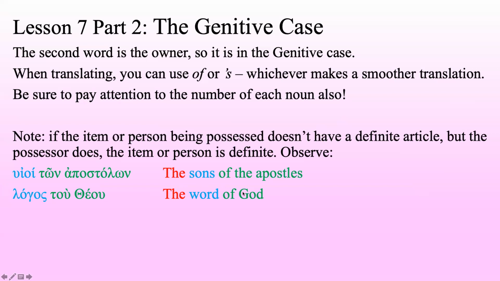It really didn't. This is definite here. For us, we use God as a proper name. If we were talking about maybe a false god that we had already been talking about, this would then be lowercase, the word of the god, lowercase g. But just because we normally use God as a name, we don't put the "the" on there. So that's why there's no "the" right there.